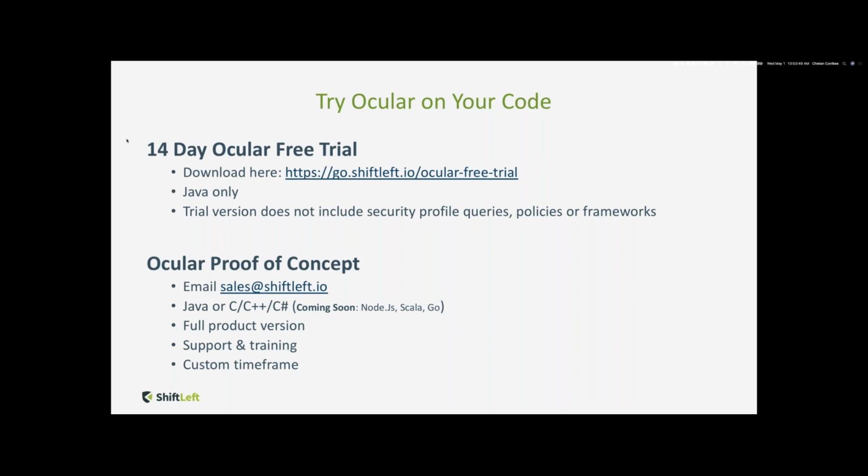Great. Next question that we have is, can you help me find CVE variant vulnerabilities in my open source libraries? Absolutely, yes. Like I demonstrated in this presentation, Ocular understands the entire software composition of your application, which is all the open source that you use and the framework, which potentially could be open source, upon which it is deployed.